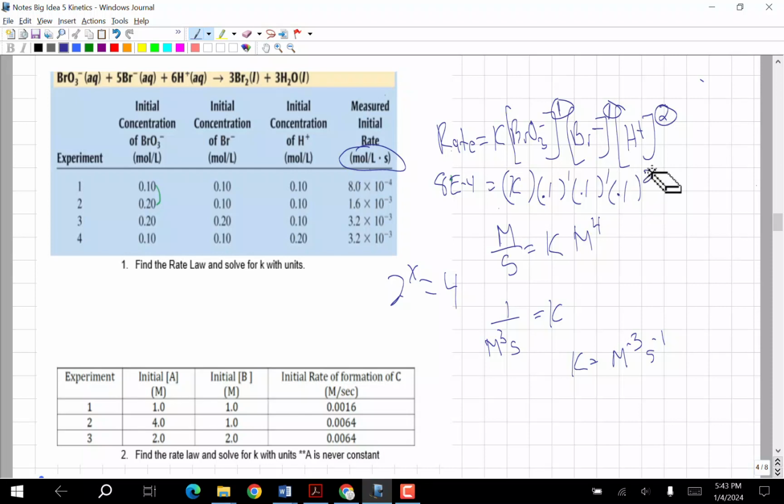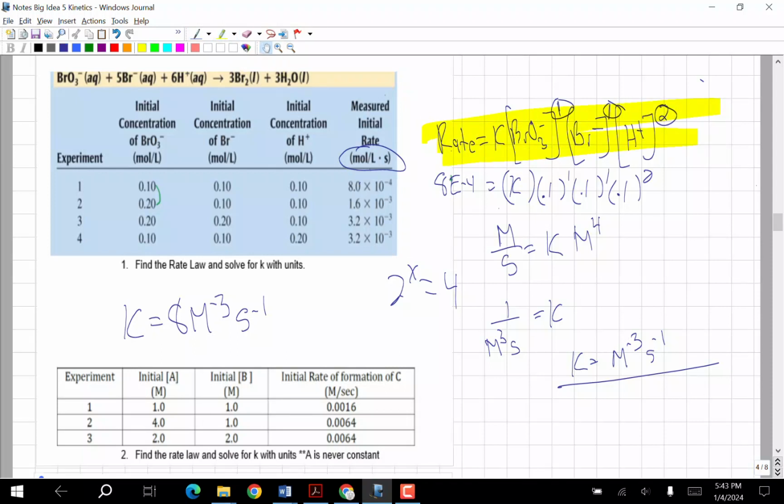So 8e-4 divided by 0.1 divided by 0.1 divided by 0.1 squared is 8. And then my units I found before: molarity to the -3, seconds to the -1. And up here is my rate law.